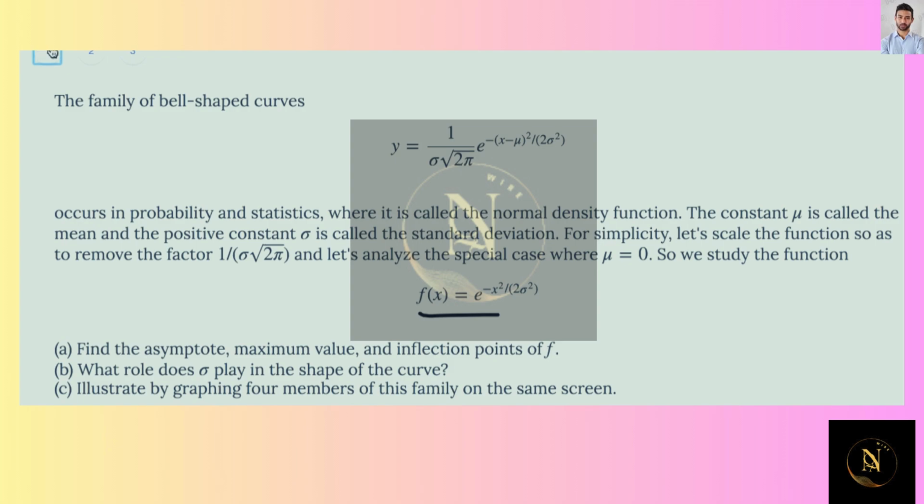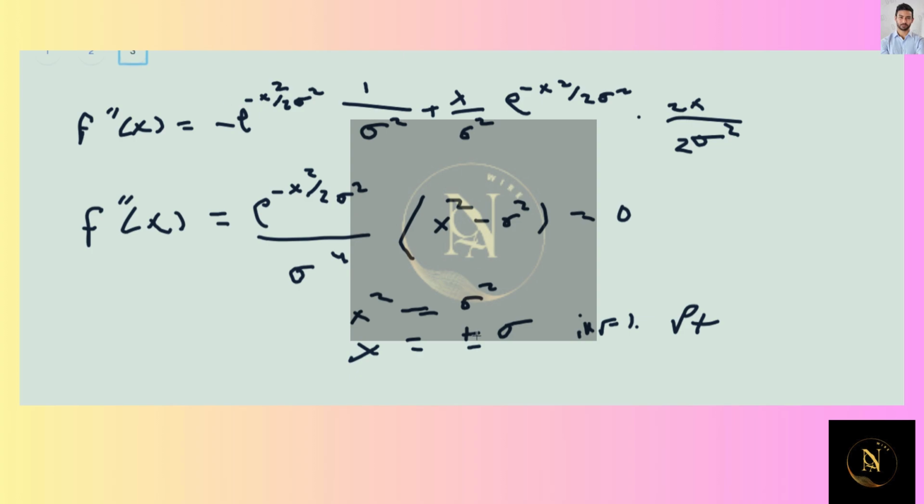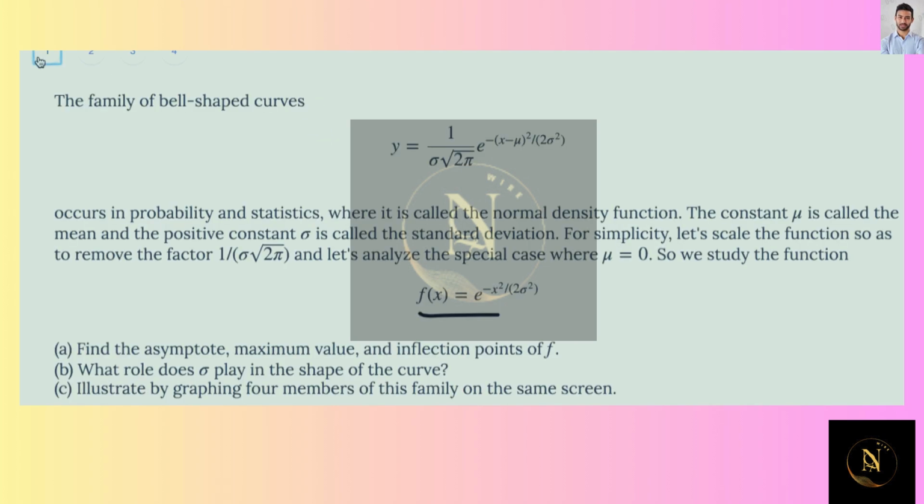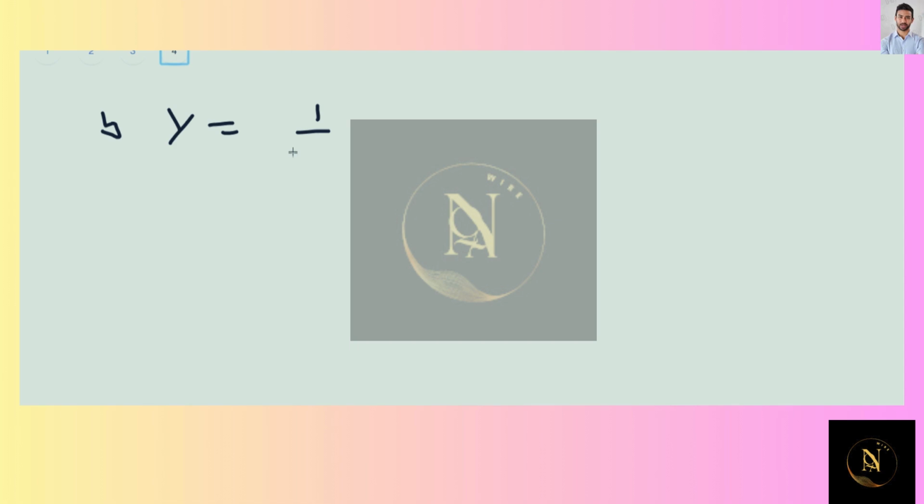Then we're asked to evaluate what role sigma plays in the shape of our curve. Remember the function was y equals 1 over e to the x squared over 2 sigma squared.